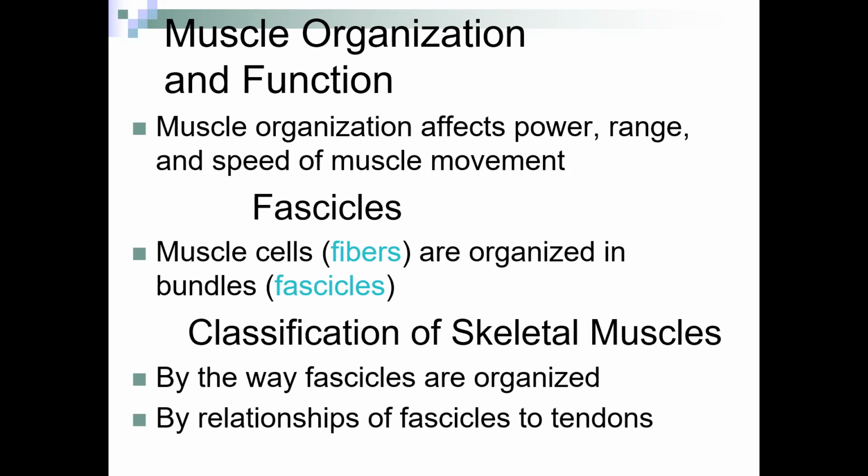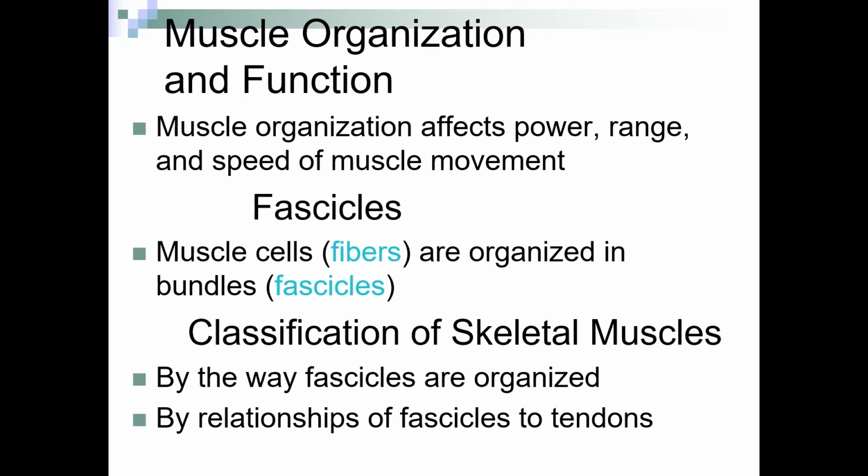All right. So with that in mind, we're going to talk now about the different categories of skeletal muscle. Remember, we're talking about how the fascicles are arranged in the muscle. Remember the fascicles, bundles of muscle cells or muscle fibers, same thing, right?